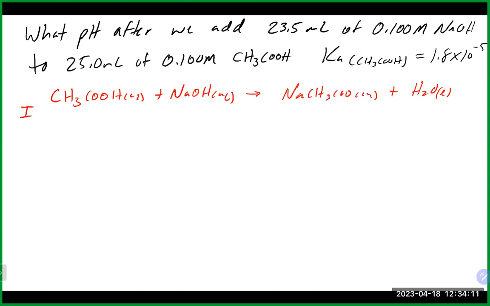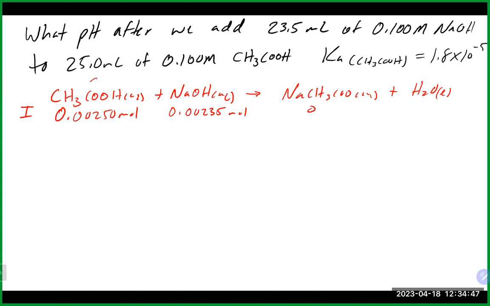So we will take our moles of acetic acid, which would be 0.025 liters times 0.1, and that will give us 0.0025 moles. We're going to multiply the sodium hydroxide volume converted to liters, so divide by 1,000 or move the decimal place 3 places. 0.0235 times 0.1 gives us 0.00235 moles, and 0 for the product.